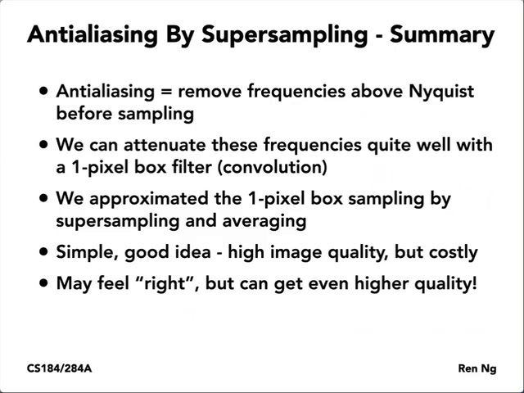We can do that quite well with a 1 pixel box filter, that is, convolution with a 1 pixel box filter. We can approximate that 1 pixel box sampling by super sampling within the pixel and then averaging down the values.